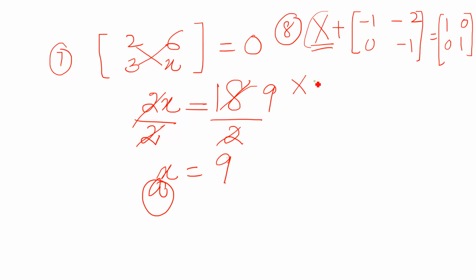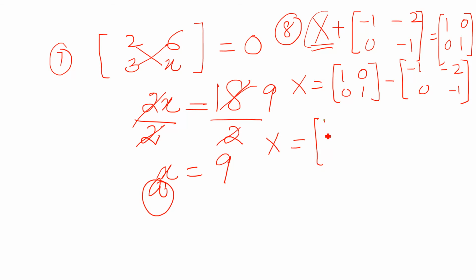So X is equal to the identity matrix, and then negative, it will be minus, minus 2, 0, and we have learned how to subtract two matrices. Just subtract corresponding entries: 1 minus minus 2, 0 minus 0, 0 minus 0, 1 minus minus 1.